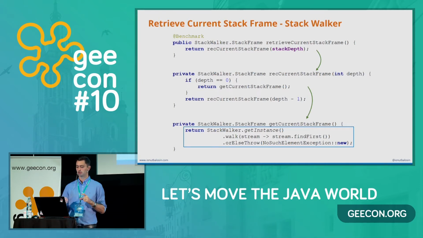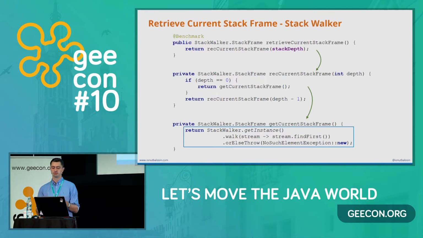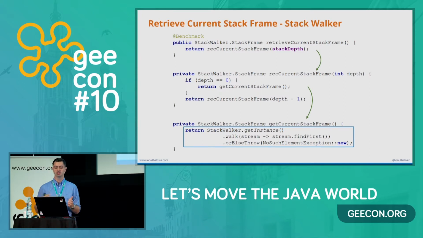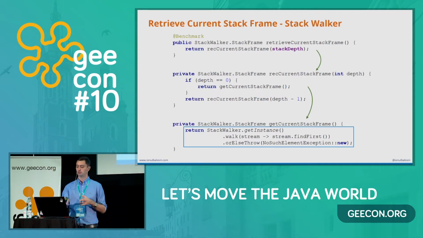The benchmark method calls a recursive method that is called again until it reaches a depth. Actually, I decrement the depth until it lowers down to zero. And in that case, I take only the first frame. So using the StackWalker API, StackWalker getInstance and give me the first frame.